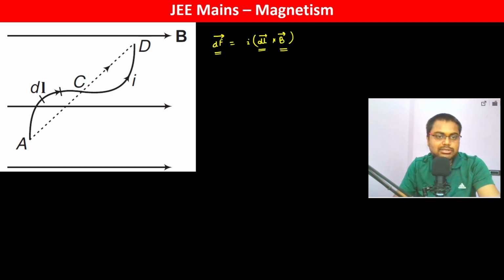Now since dl is not in one direction, what we have to do is sum it up. So we have to integrate it.